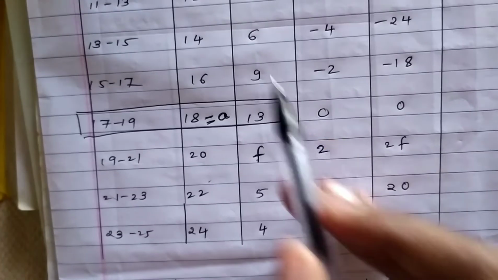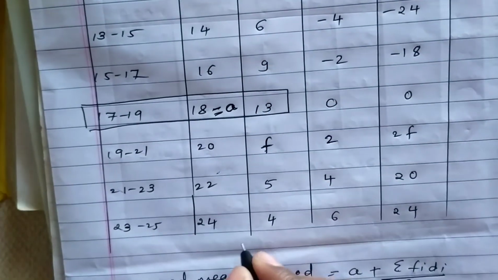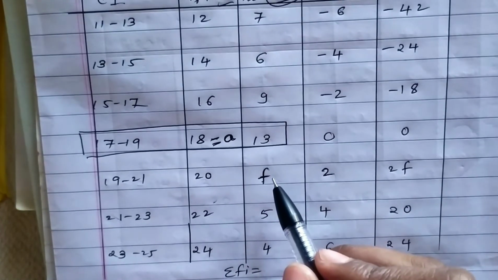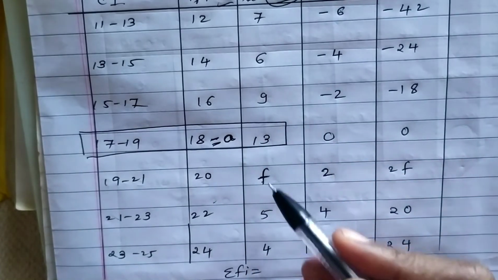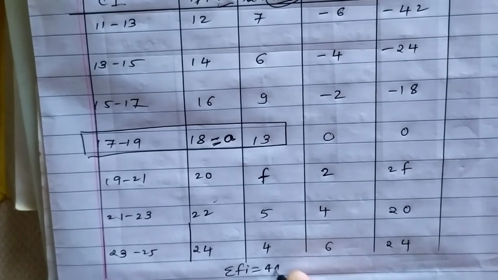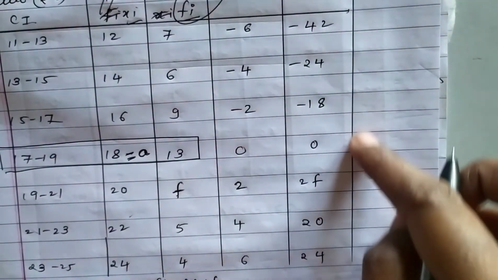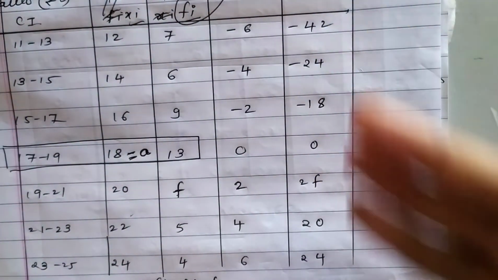Summation of fi is what? Addition of frequencies. So this is the frequencies. Here f you can't add because it is unknown, we don't know the value of f. So add all these numbers, and keep plus f as it is. If you add all these numbers, you'll get 44 plus f. Here also we have the variable, so add these numbers according to their signs, because these are integers, positive and negative.